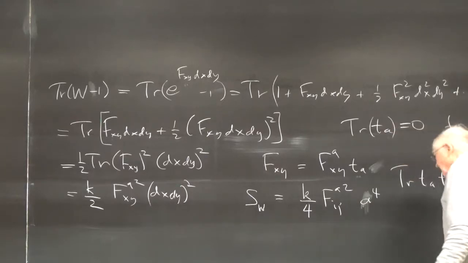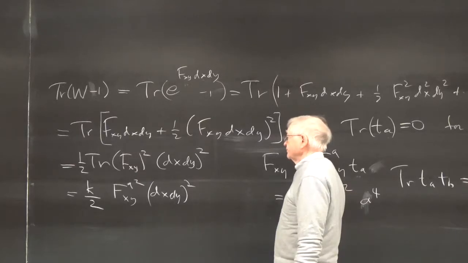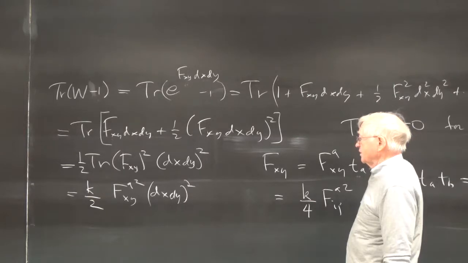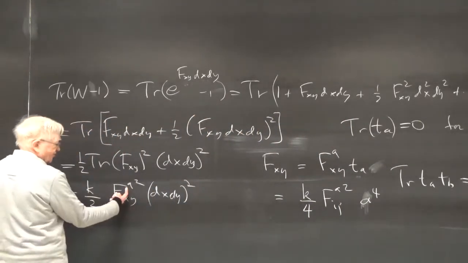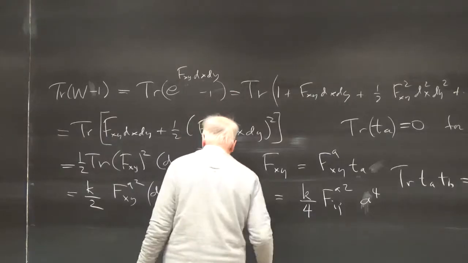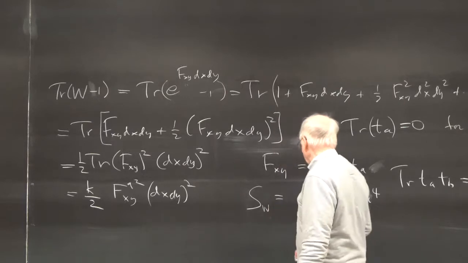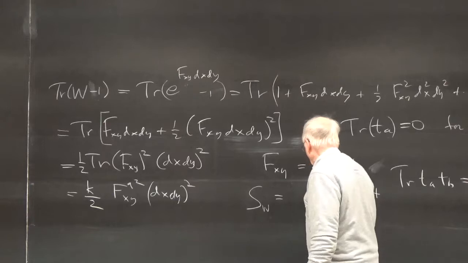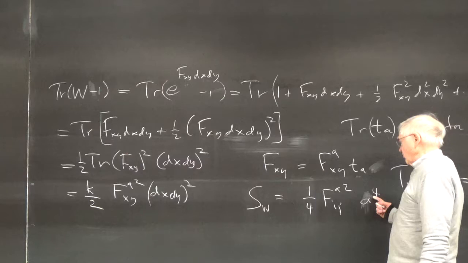Or what I should say is, all right, I've gotten things a little bit backwards here. So if we take the trace here, this is going to be K, and we're going to get a sum over all the generators. The actual action that we want, which would be S_W, would be simply a quarter F^a squared ij a to the fourth.